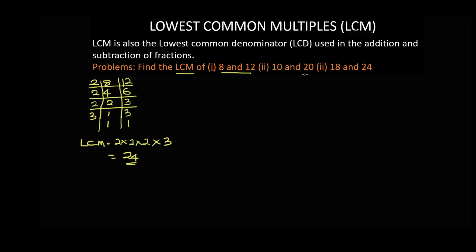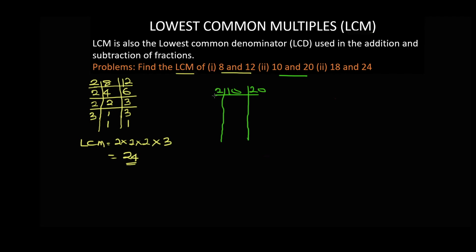Okay, so let's look at the next problem. LCM of 10 and 20. We'll do the same approach. 10, 20. What is the smallest number that can divide either 10 or 20?